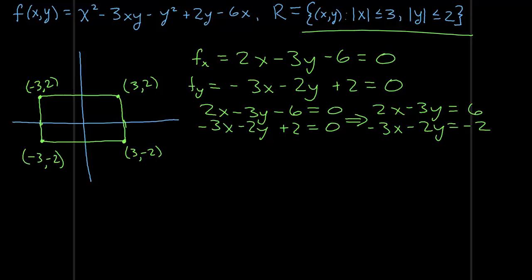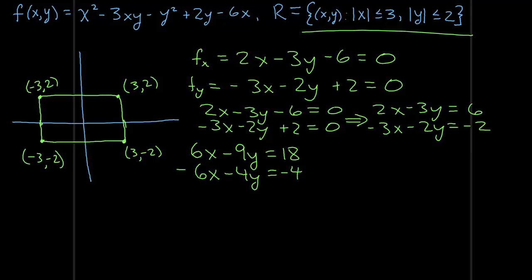Now, I think I'll solve this by multiplying equation 1 by 3 and equation 2 by 2. So here's what I'm going to get: 6x minus 9y equals 18, right? I just multiplied through by 3. Now, the next one I'll multiply through by 2, and I'll get negative 6x minus 4y equals negative 4.